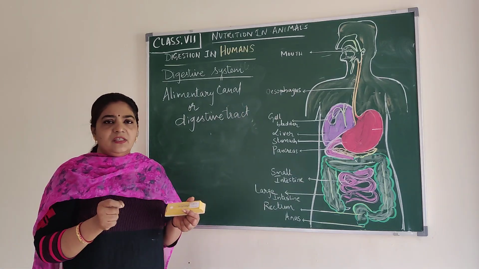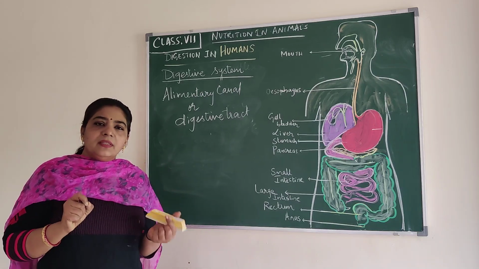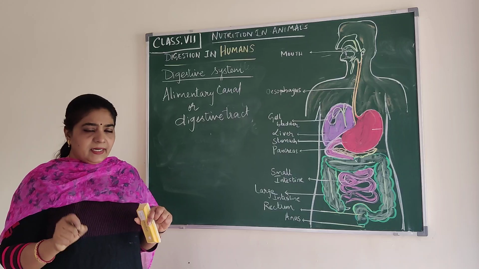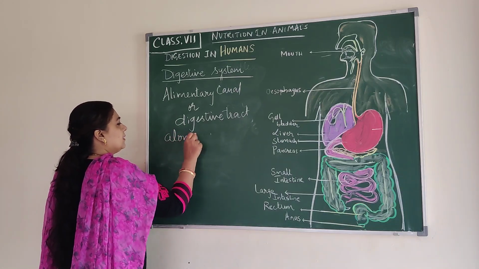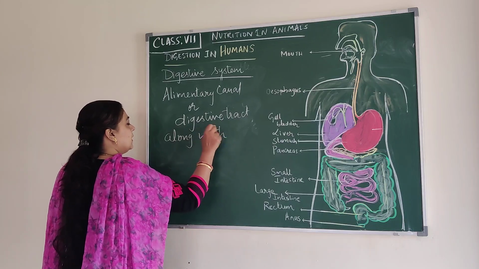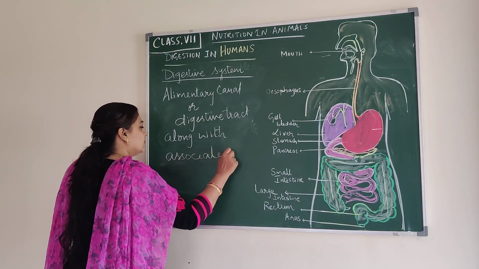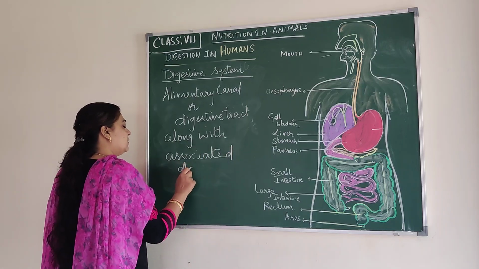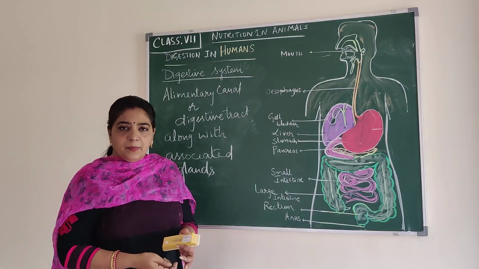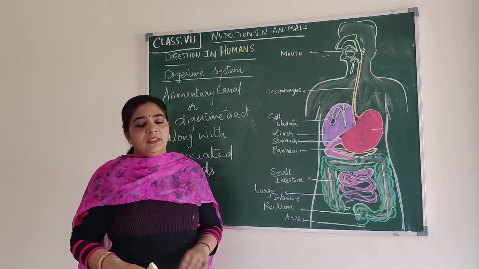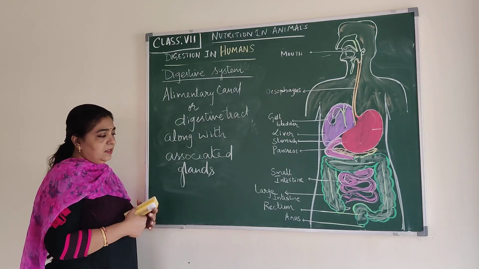So the digestive system consists of the alimentary canal, or the digestive tract, along with the associated glands. What is our digestive system made up of? The alimentary canal, or digestive tract, along with the associated glands.